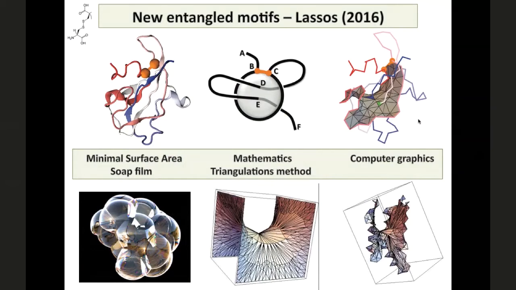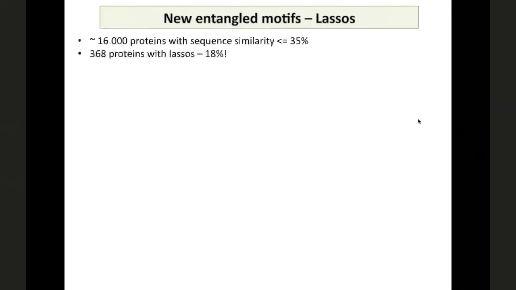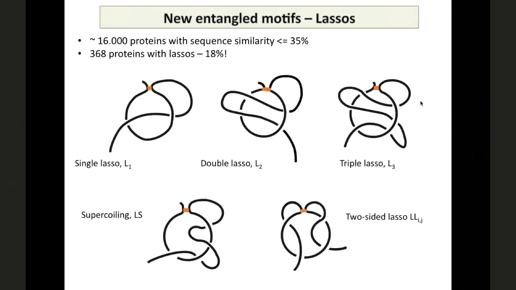So if you apply this method to all proteins deposited in the PDB, we found that at least 18% of proteins possess non-trivial topology, which we call the Lassos. We can have a protein with one single piercing, and we call this single lasso. We can also have a protein where the tail is piercing the surface or the loop twice, and we call this double lasso.